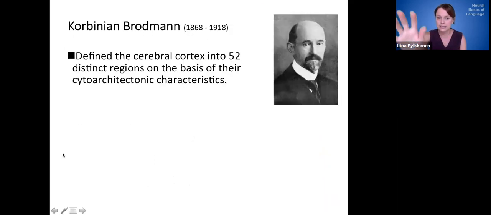This has some pragmatic importance because a German neurologist, Brodmann, studied the cytoarchitectonics of the cortex in great detail in the 19th century, and on the basis of this study, he divided the cerebral cortex into 52 distinct regions based on the cellular structure of the different regions.